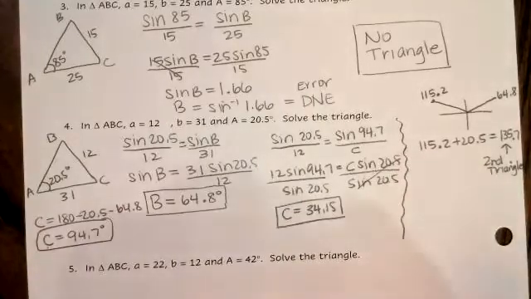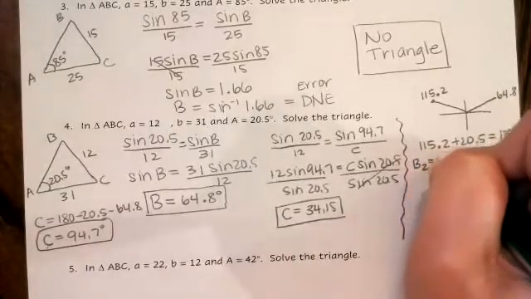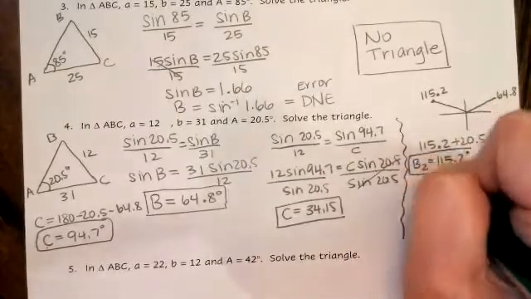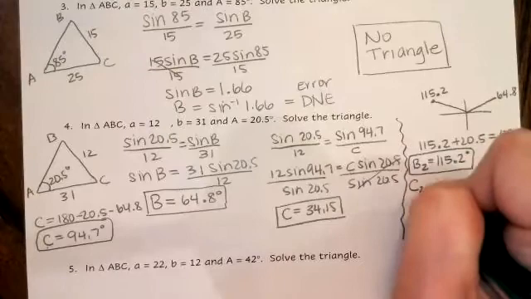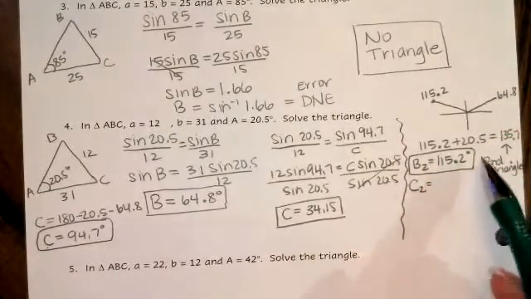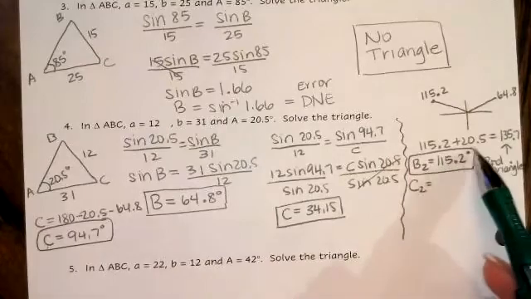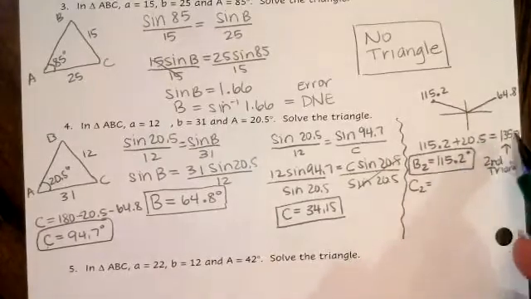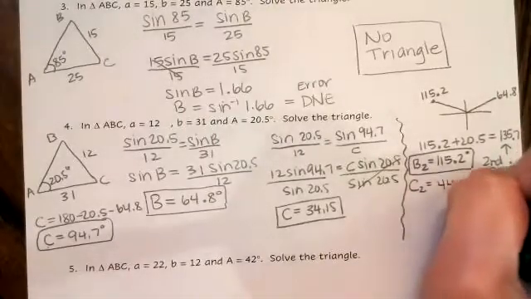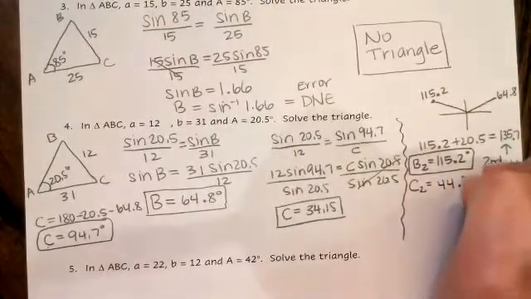So now we know that our B2 is 115.2 degrees. To find our C2, I would take the 180 subtract 115.2 and 20.5. And I get that my C2 is 44.3 degrees.